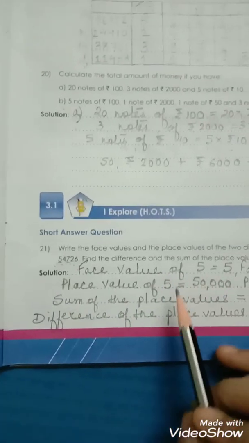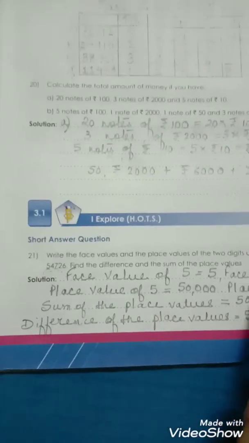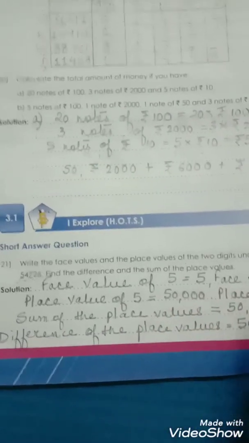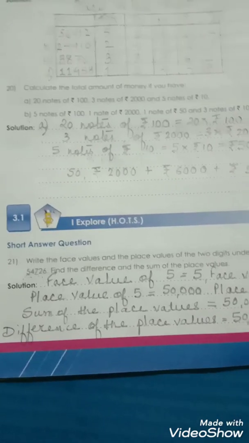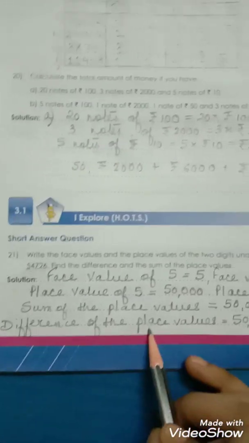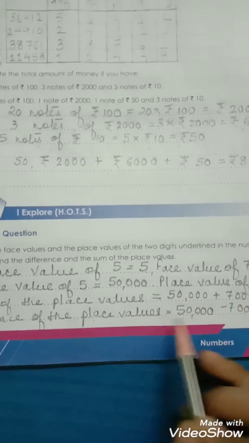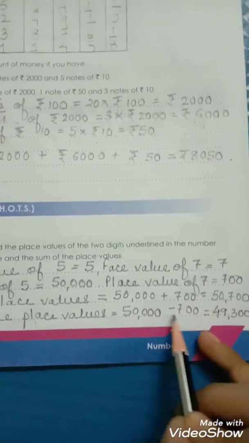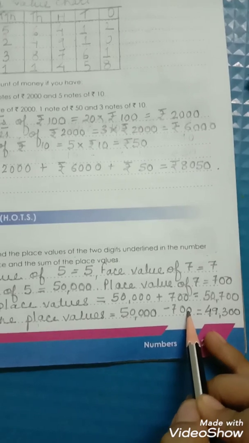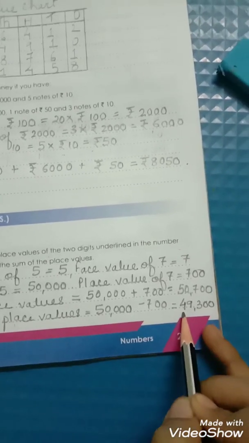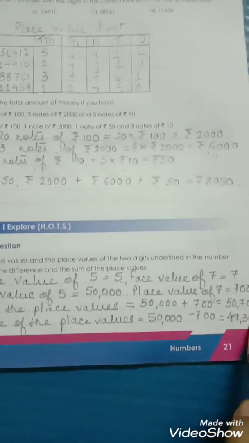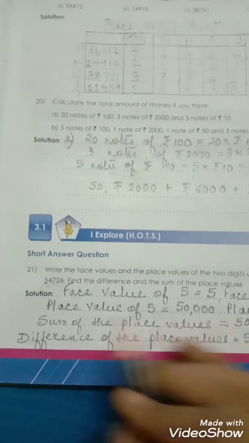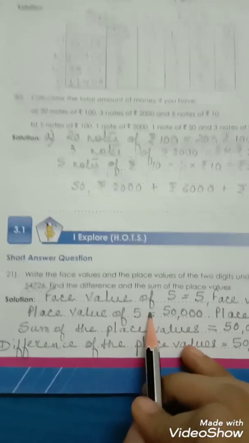Difference of the place values: 50,000 minus 700. Answer is how much? 49,300. Clear, children? So, this is how you have to do this type of question.